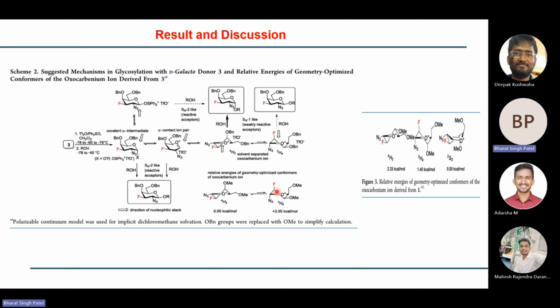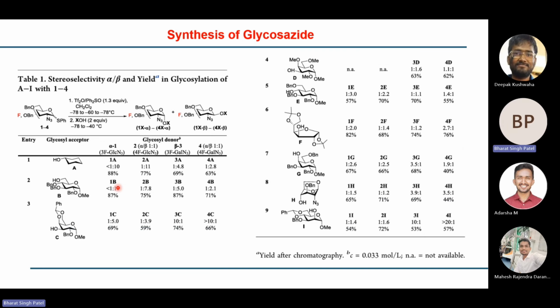In the case of galactose, the acceptor nucleophilicity matters, but in the case of glucose, it does not matter a lot. Just the primary one, obviously, will give the major stereoselectivity. Other than the 1 and 2, this primary one, there is no role of the acceptor in the case of glucose. But in the case of galactose, that even matters.